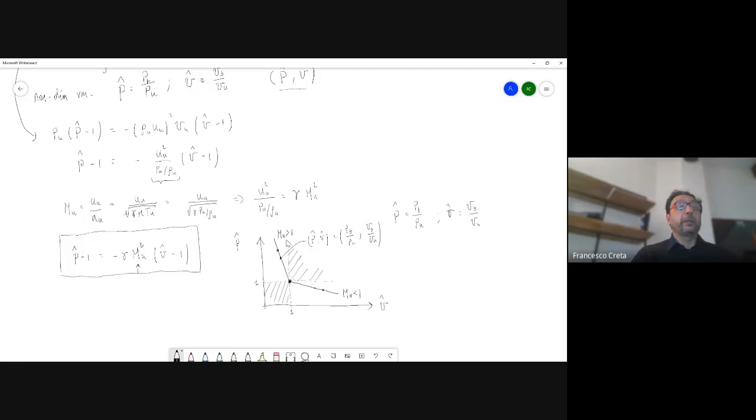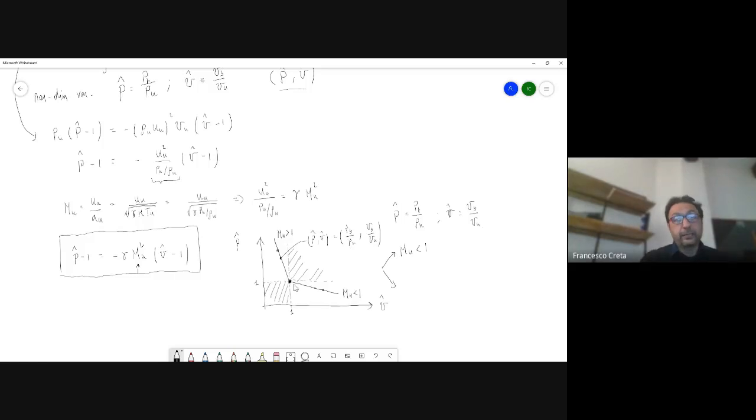And they will do this for a supersonic combustion wave or a subsonic combustion wave. So we have essentially two possible scenarios. One where the Mach number upstream is subsonic, so we have a subsonic combustion wave.